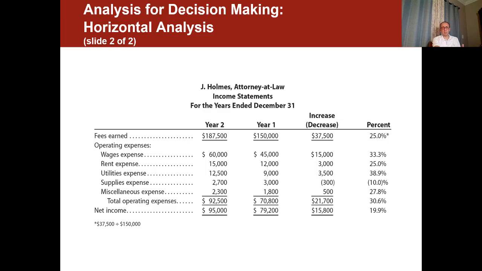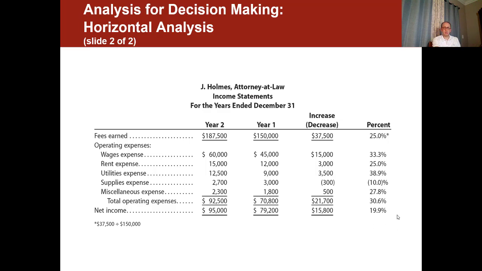In this case, by looking at the income statement, you can tell that fees earned, or our revenue, increased by 25%. The biggest increase in the expenses was related to utilities. What comes next was the wages, and then we had rent and the miscellaneous. And the only thing that improved, by 10%, is the supplies expense. You can see that it went down.